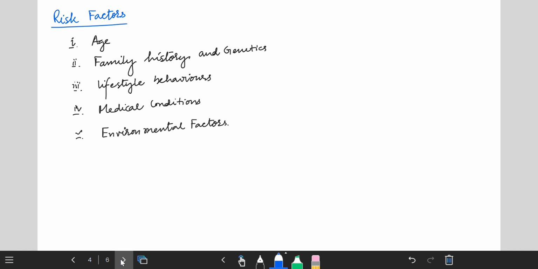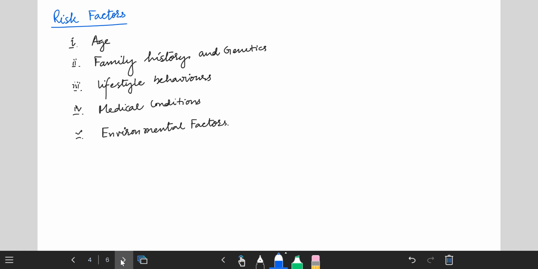Genetics means whether it is a hereditary condition or not, and family history means whether a family member is affected with Alzheimer's disease. Third one is lifestyle behaviors, like lack of physical activity, improper diet, smoking, drinking alcohol, or any kind of social isolation.